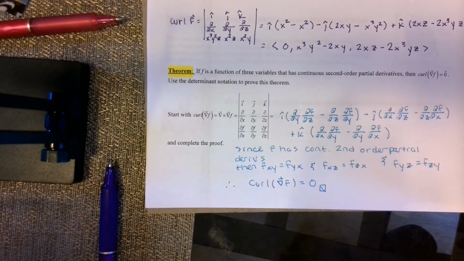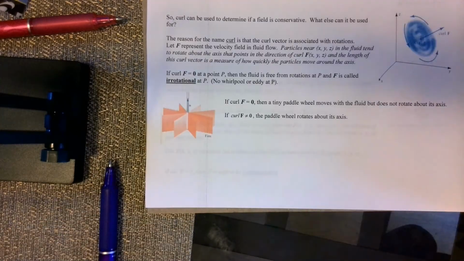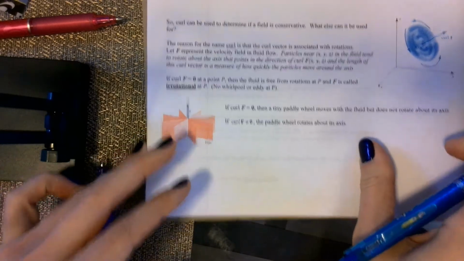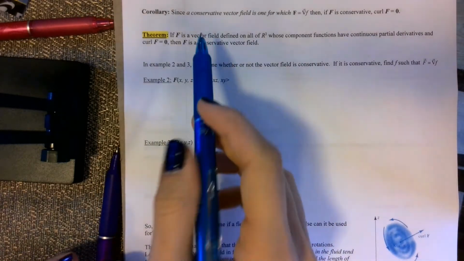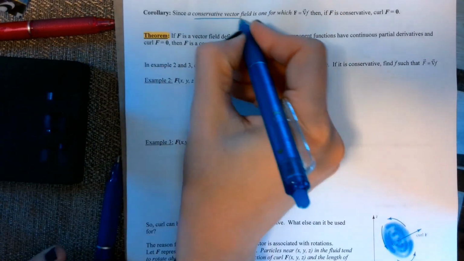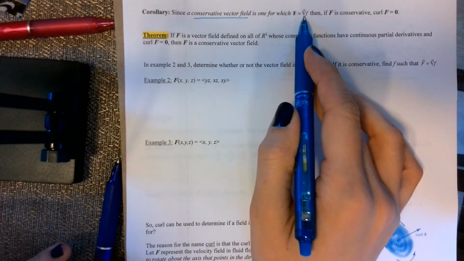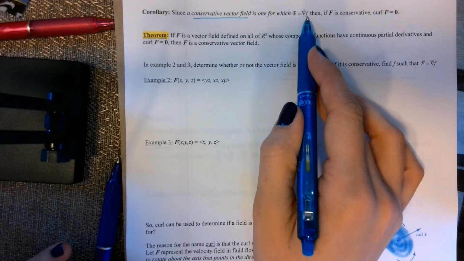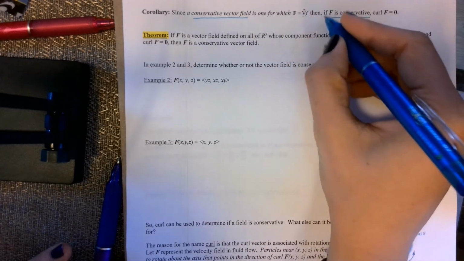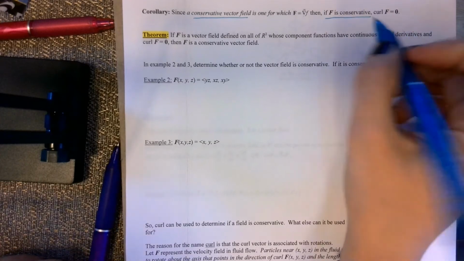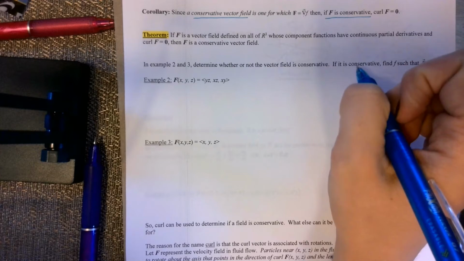Which is nice. But this has a nice corollary that goes with it. Let me move this back down. Because we define a conservative vector field as one represented by the gradient of some function f, then if a vector field is conservative, the curl automatically equals 0.